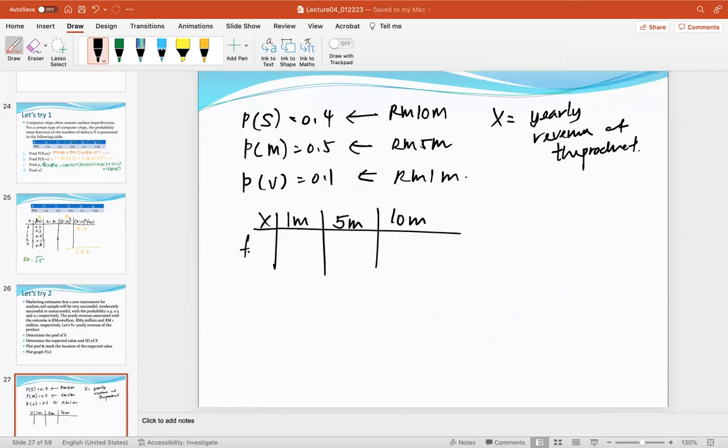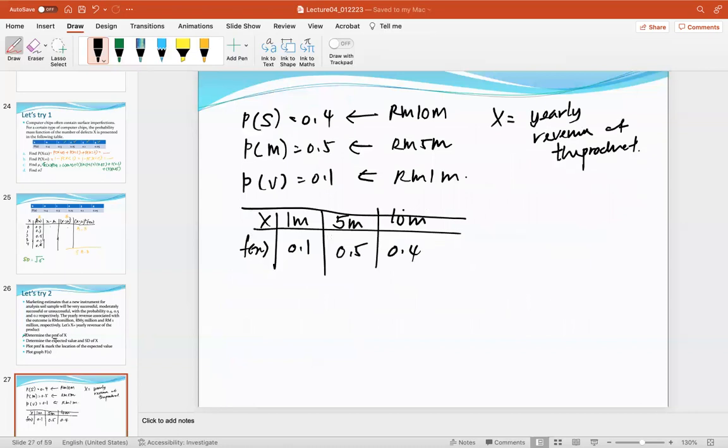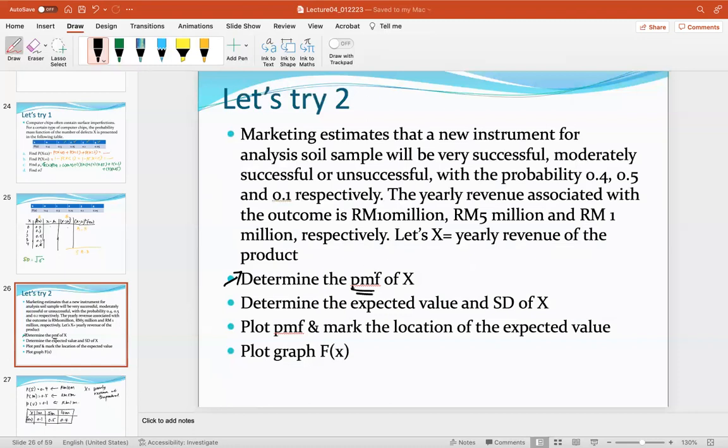So the probabilities of X are 0.1, 0.5, 0.4, because the first question is asking you to determine the PMF of X. So this is my PMF. Next we go to determine the expected value and SD of X.